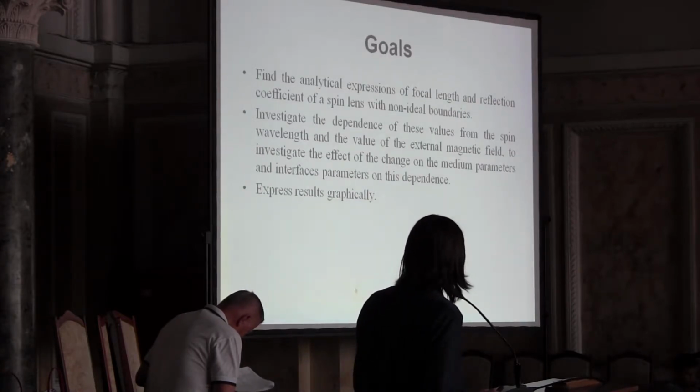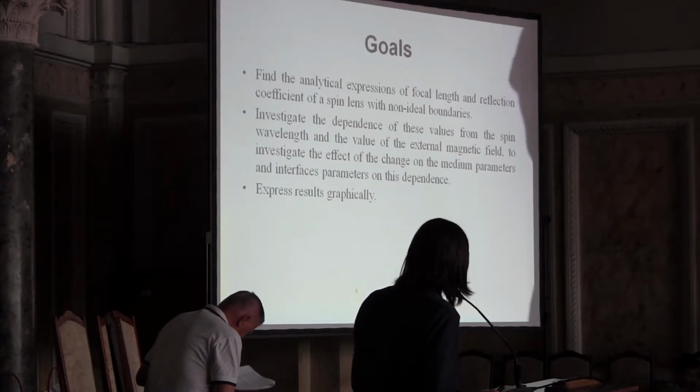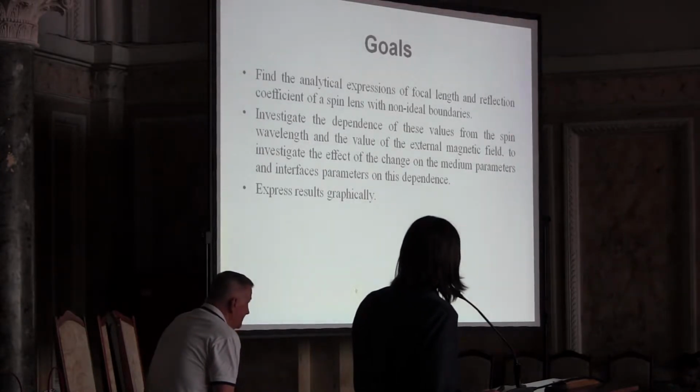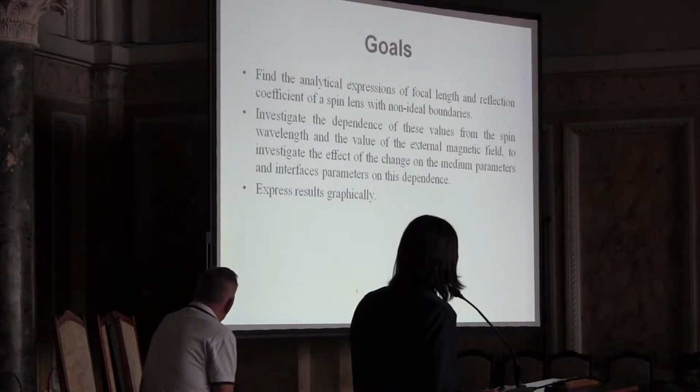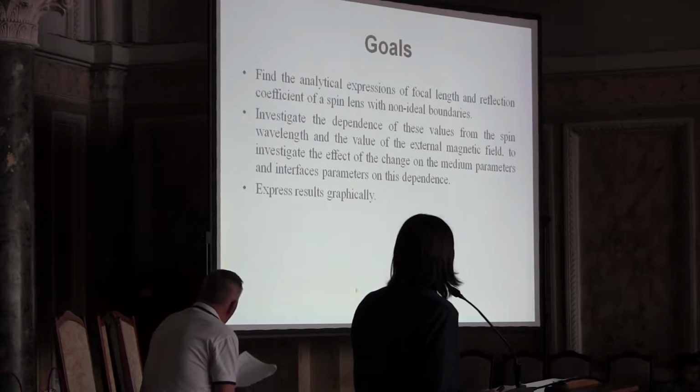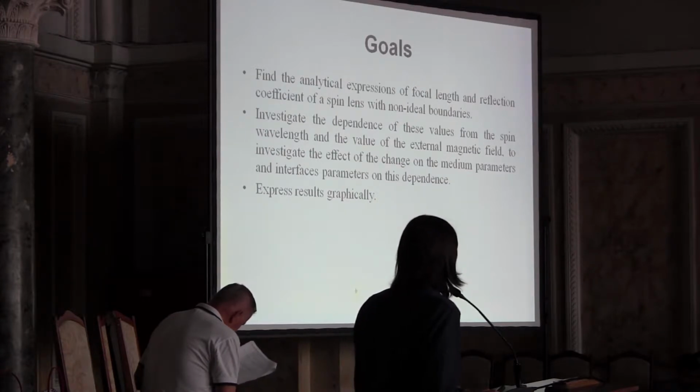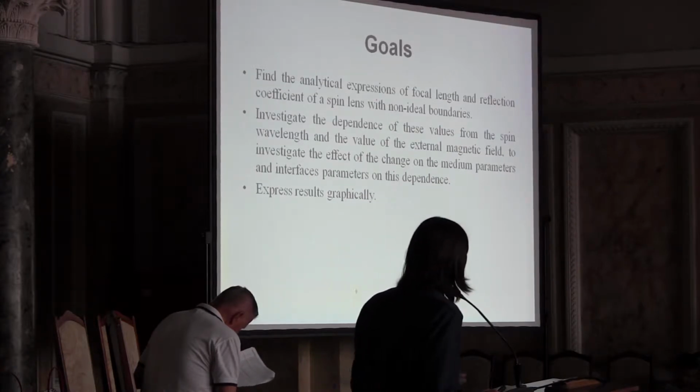What is the goal of my work? First is to find the analytical expression of the focal length and reflection coefficient of a spin lens with non-ideal boundaries. And the second is to investigate the dependence of these values on the value of the magnetic field and the frequency of the spin wave.